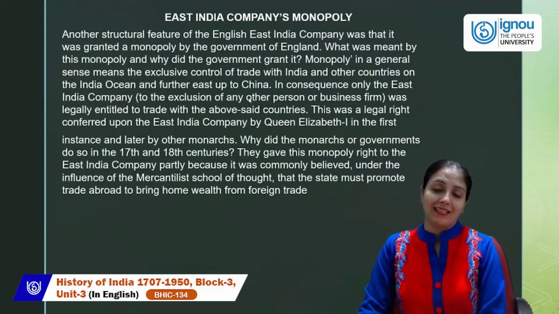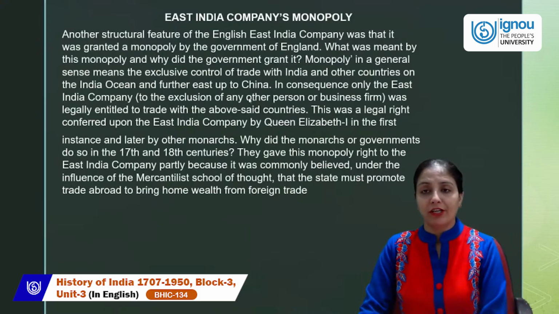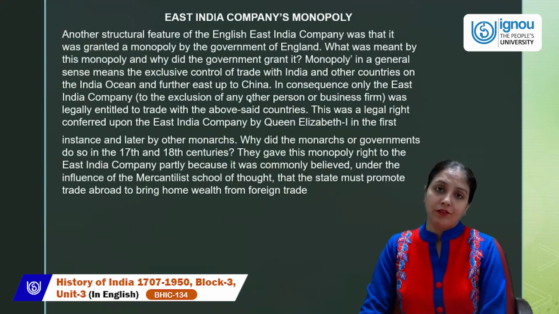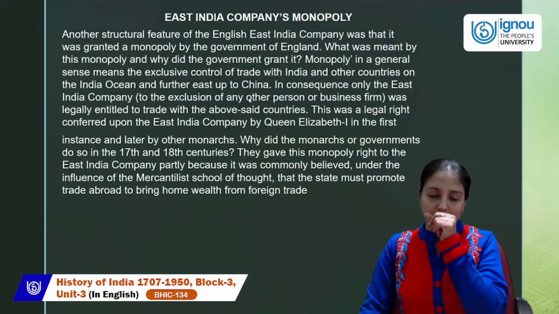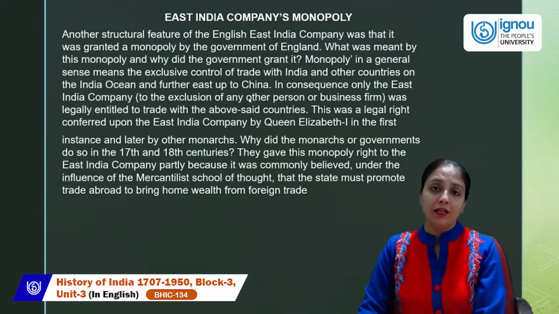Monopoly means the excessive control, the full control over trade at that time. When they took any decision, their decision would be obeyed by all the people on trade, on the company, on extending the economy over there.